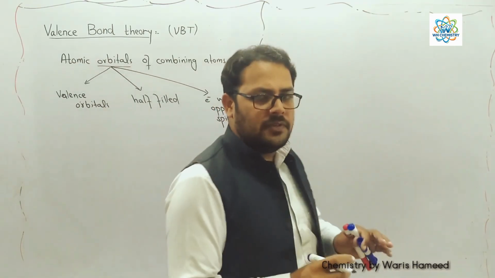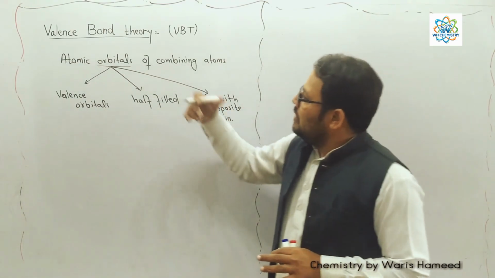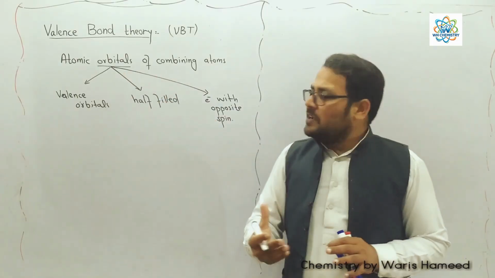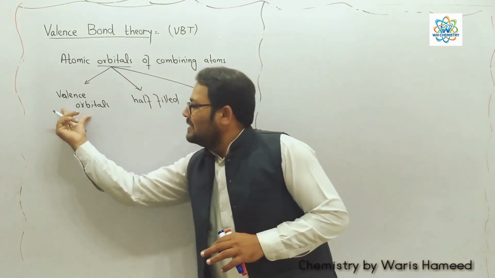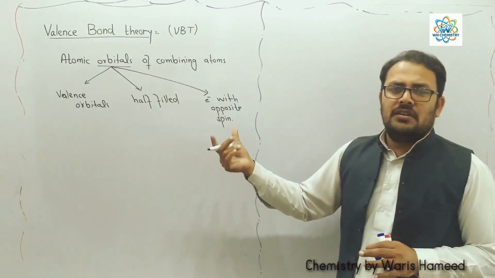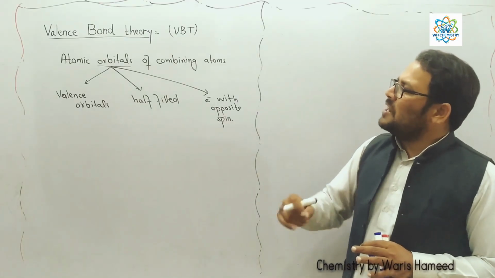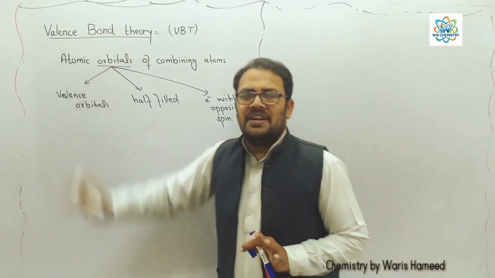If any atoms have valence atomic orbitals and follow these three conditions, they should make a bond according to VBT.